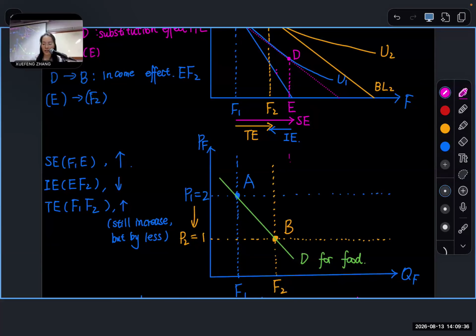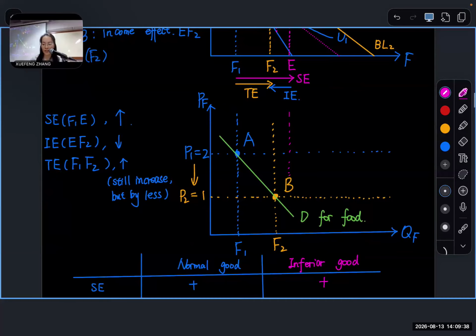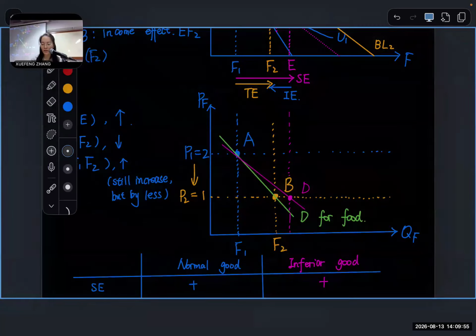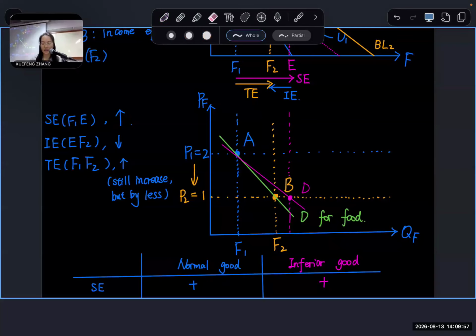You come down here, D, intersect with this point. If I connect A and D, the pink one is our Hicksian demand. The green one is the demand for Marshallian.